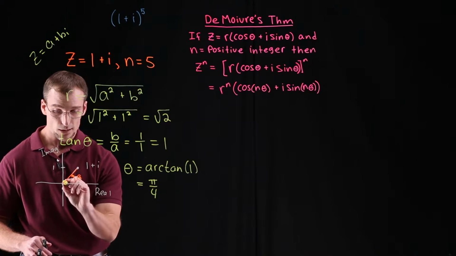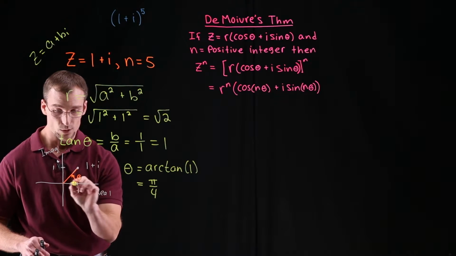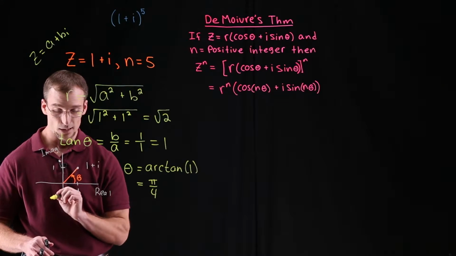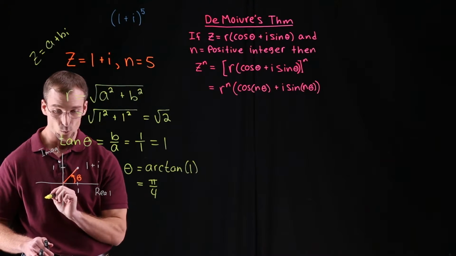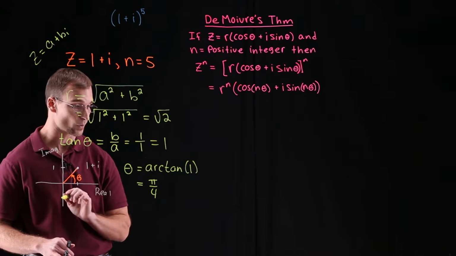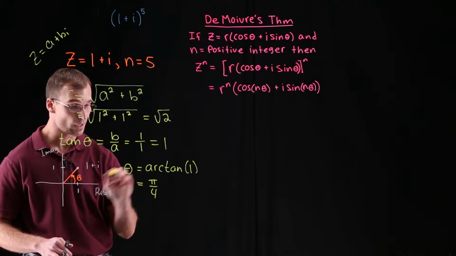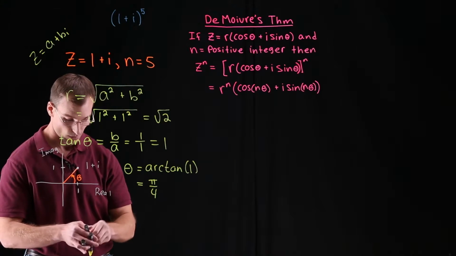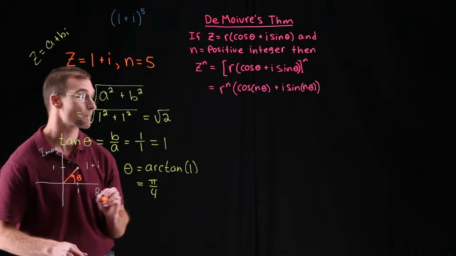Going out 1 unit and up 1 unit, we have the sides of a right triangle with legs of length 1, which would just be a 45-degree triangle, which is pi over 4 anyway, but this is okay. So now we have r and theta, and we're ready to use our equation in de Moivre's theorem.